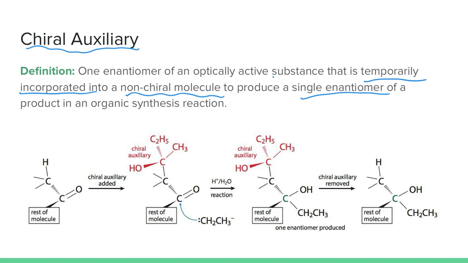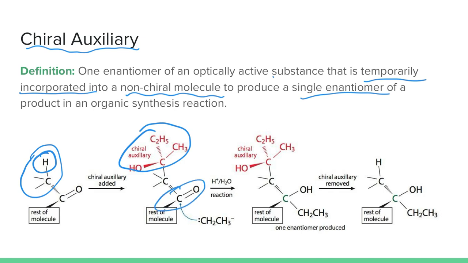If we take, for example, this molecule here, and we add in a chiral auxiliary to this hydrogen here, then essentially we're holding the rest of the molecule in place so that if we have a reaction happening here, we're going to create just one specific type of enantiomer.